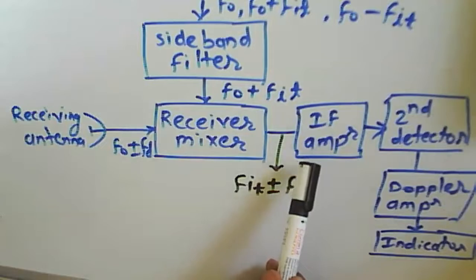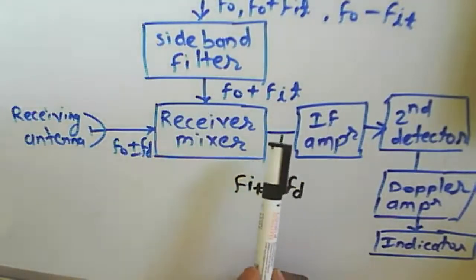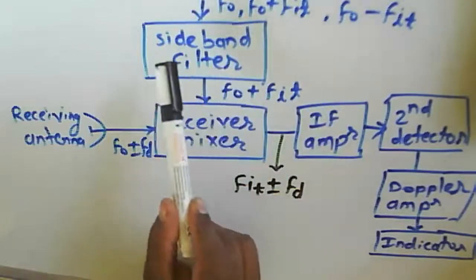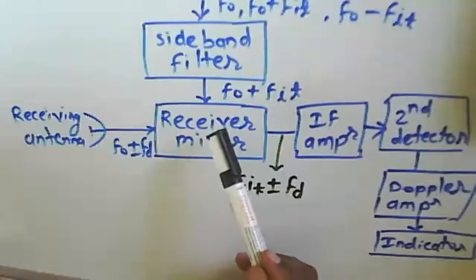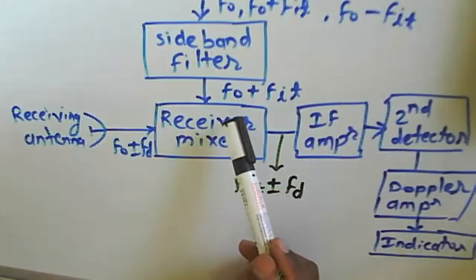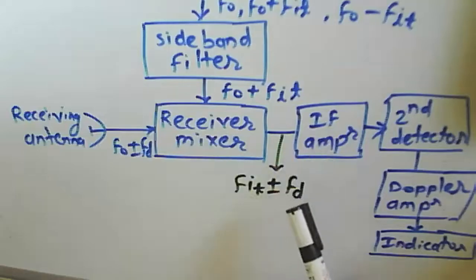So that's why we consider here the IF amplifier and the sideband filter. We are supposed to introduce all these at the receiver side, and that will give us exactly what is the f_D.